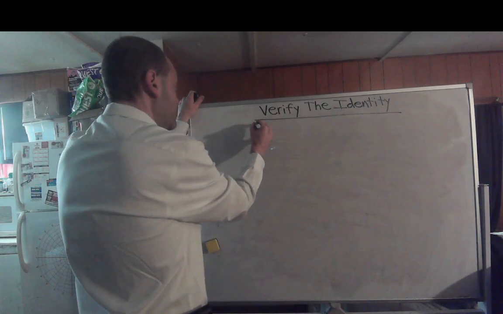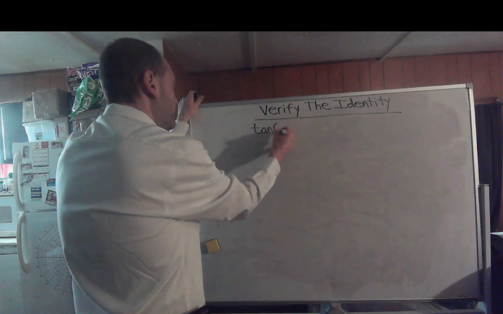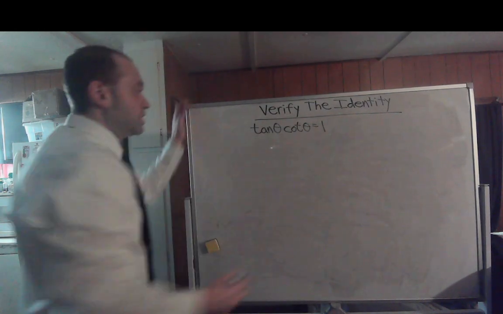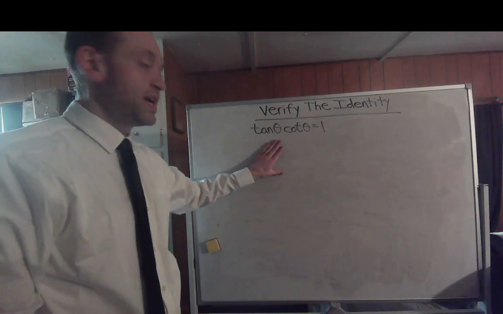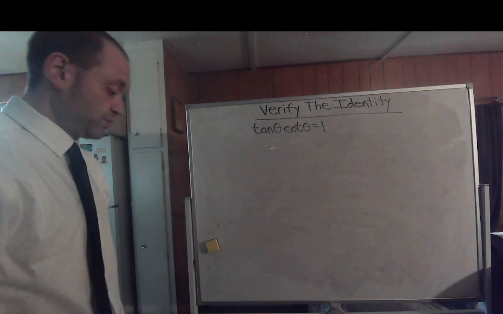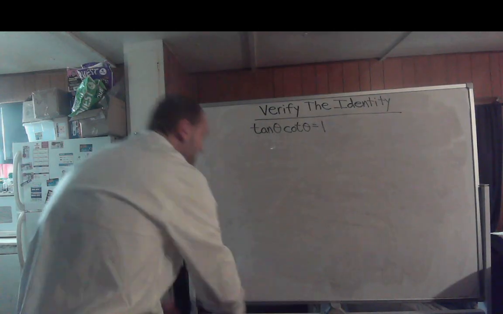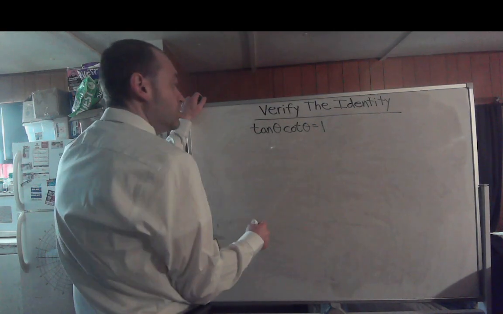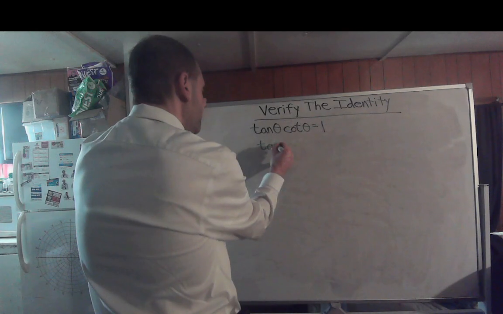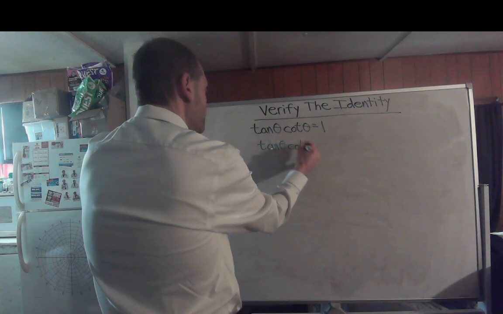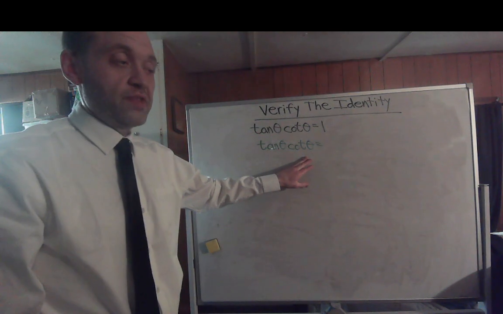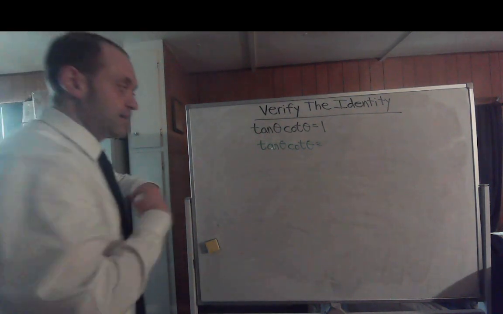For example, you're given that the tangent of theta times the cotangent of theta equals 1. We have to verify that. Well, we could do this really in a couple steps. So what you do to verify an identity, you write out the left side all over again. So that means the tangent of theta, cotangent of theta, now equals what? What's true about the cotangent of theta? Isn't that the same thing as 1 divided by tangent of theta?